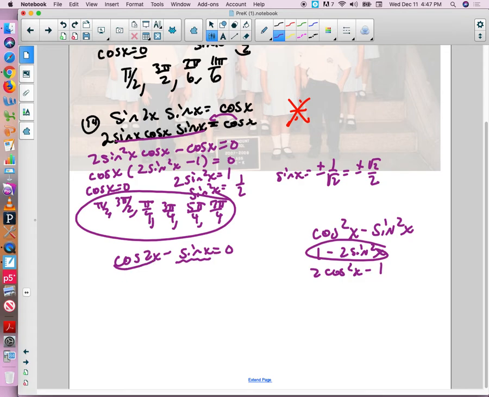So that's one way I make my decision. And now I have a quadratic, so I'm going to move it all to this side, and then I'm going to factor.